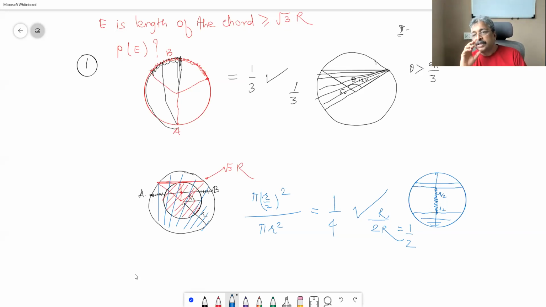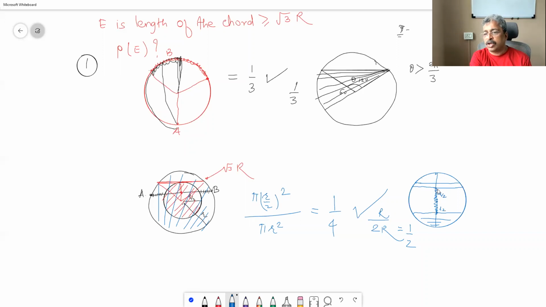The third way of looking at it is you draw a diameter and consider all chords perpendicular to that diameter, such that the midpoints are on the diameter. I mean, if you are considering perpendicular, midpoints will be on these diameters.